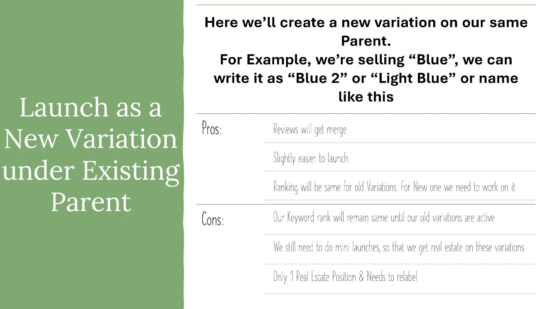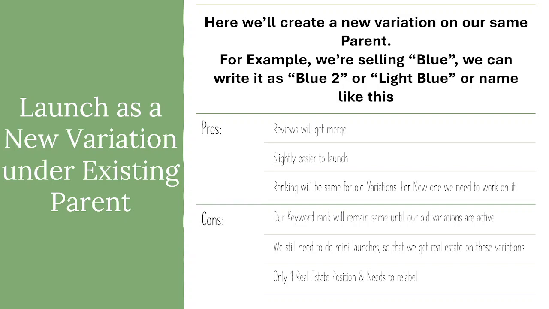The reason is that if you are selling under a variation, you may have observed that if the best seller goes out of stock, then the overall sales also drop. It is because only the best-selling ASIN is ranked at the top of the keywords. We are not focusing on the other variations, and only the best one is selling.